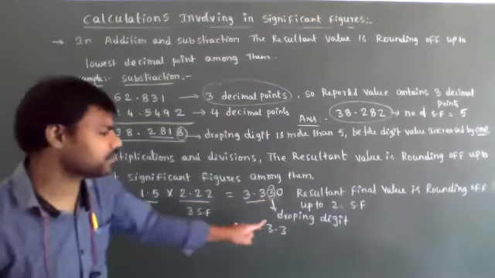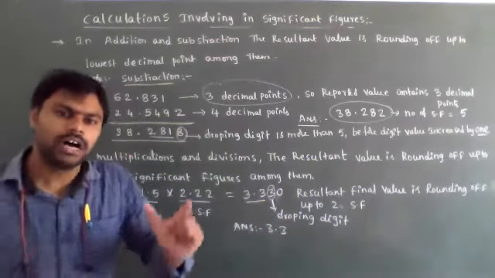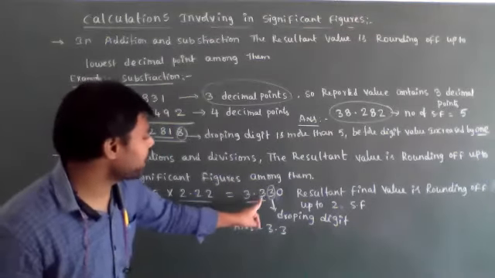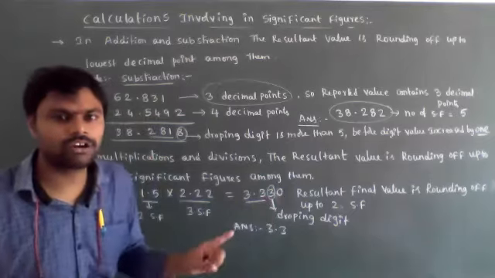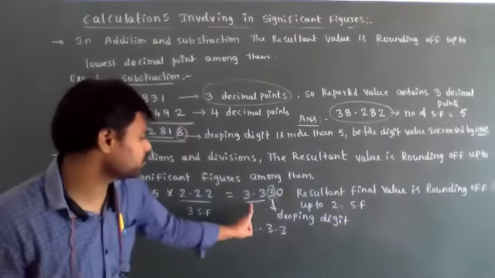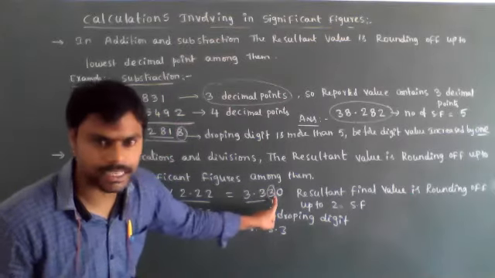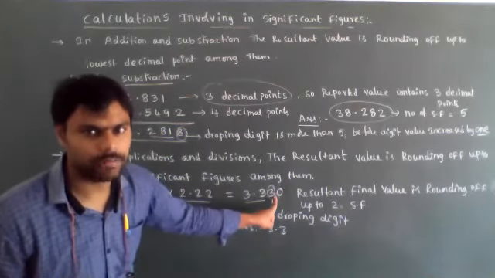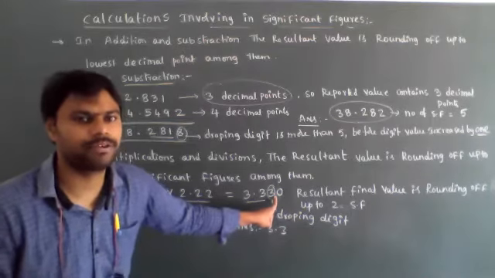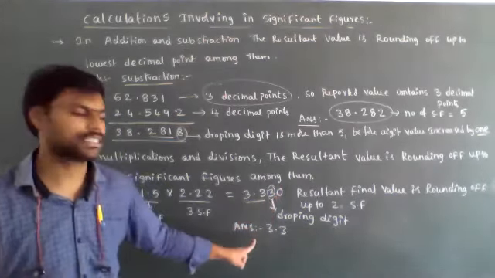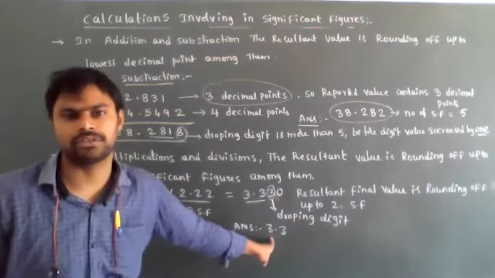So that's why the resultant final value or reported value also we need to round off up to 2 significant figures. So 3.330 rounded off up to 2 significant figures gives 3.3 only. The dropping digit is 3, which is less than 5. That's why the before digit value cannot be changed, and the resultant answer is 3.3 only.